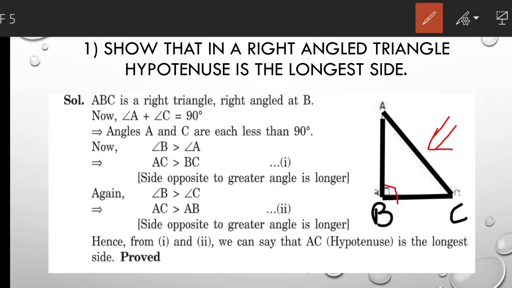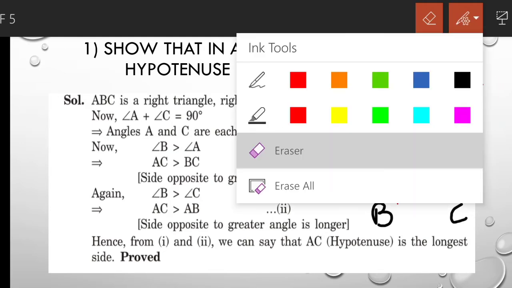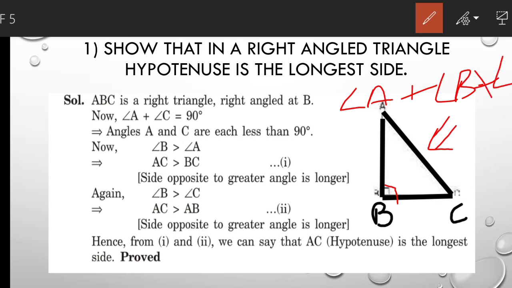ABC is a right angle triangle with right angle at B. Now angle A plus angle C is equal to 90 degrees. This comes from angle A plus angle B plus angle C is equal to 180.